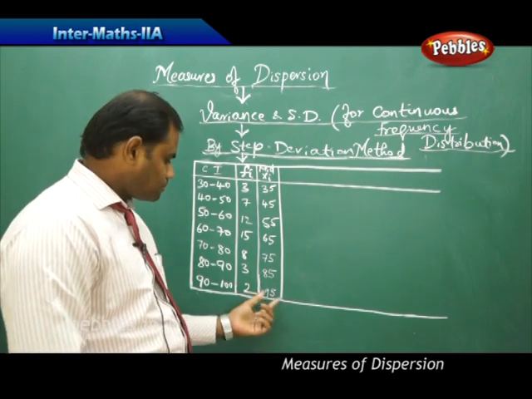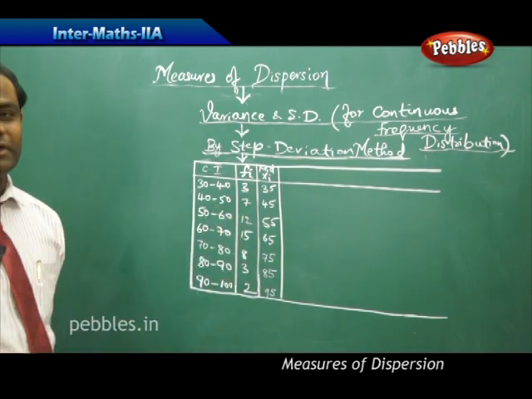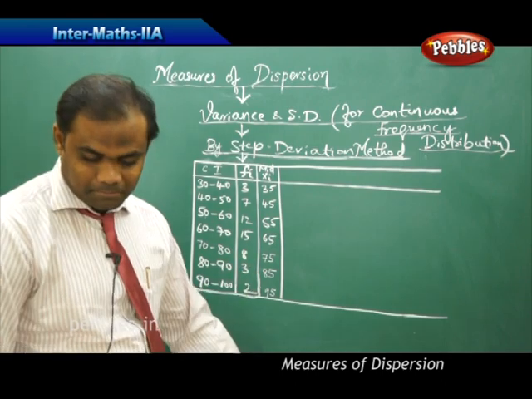So using this, from 35 to 95, we take the mid values through which we simplify.